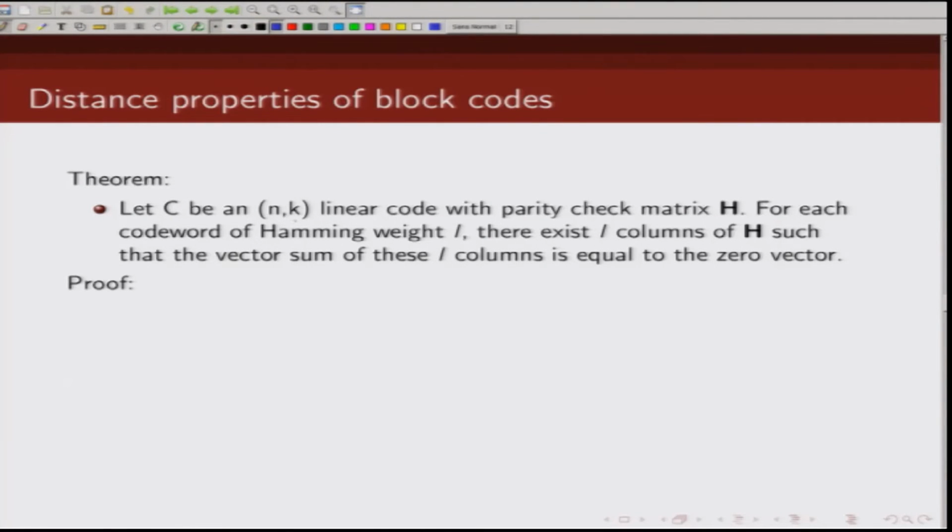If C is an (n,k) linear block code whose parity check matrix is given by H, then for each code word of Hamming weight L, there exist L columns of this parity check matrix H such that the vector sum of these columns is equal to the 0 vector.